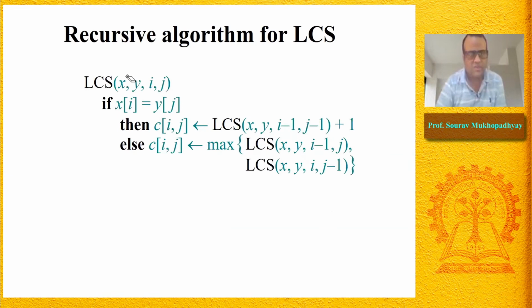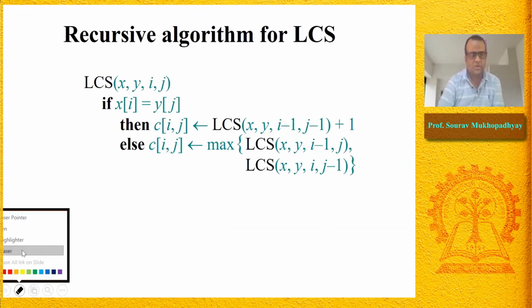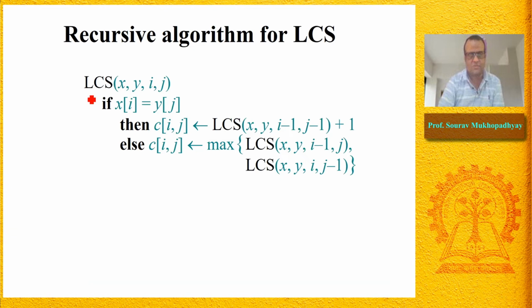So this is our pseudo code. We are basically finding the LCS, this is actually the length of the longest common subsequence, C i j, as we want to find C i j. So this is the call. We are going to get the C i j. Now we check whether x i is equal to y j or not.